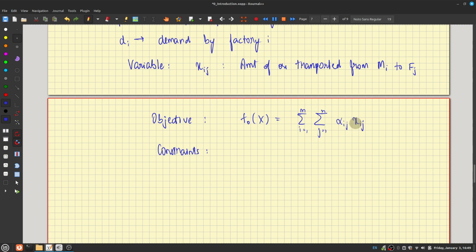After all, we know the limits on how much ore is being produced by each mine. So what is the total amount, in terms of xijs, of ore that is sent from mine i?